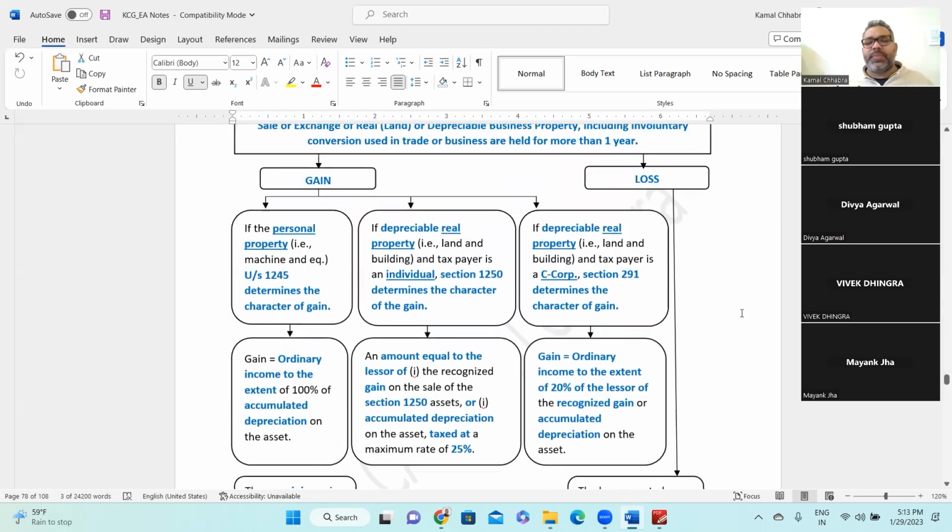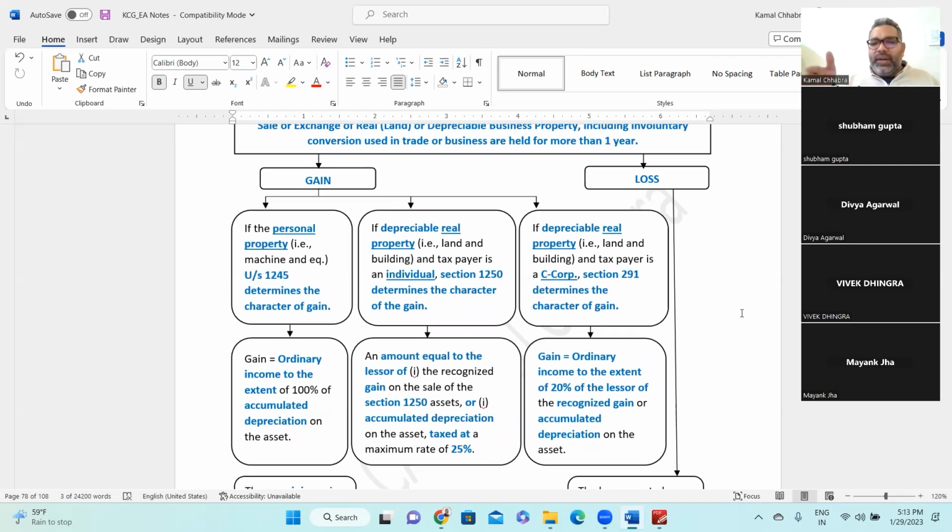The first difference between the first and second is personal property and real property. Personal property treatment is the same whether you are an individual, a C corporation, an S corporation, or any business. Whereas for real property, there is a bifurcation in how to treat individuals and how to treat businesses, C corporation or S corporation.